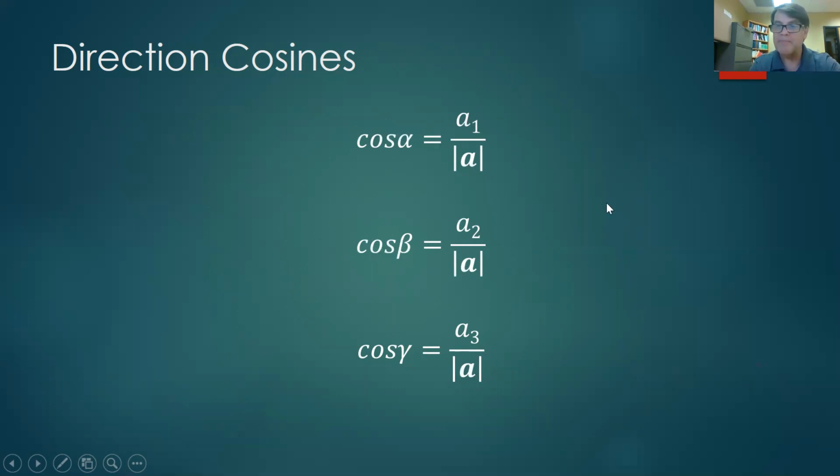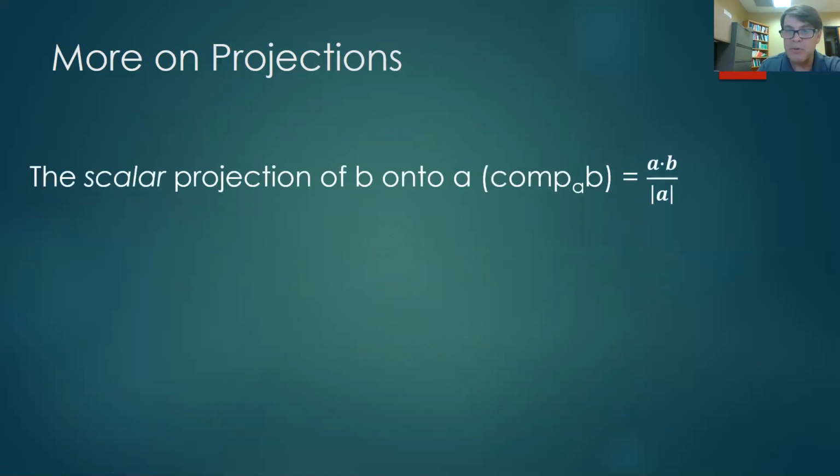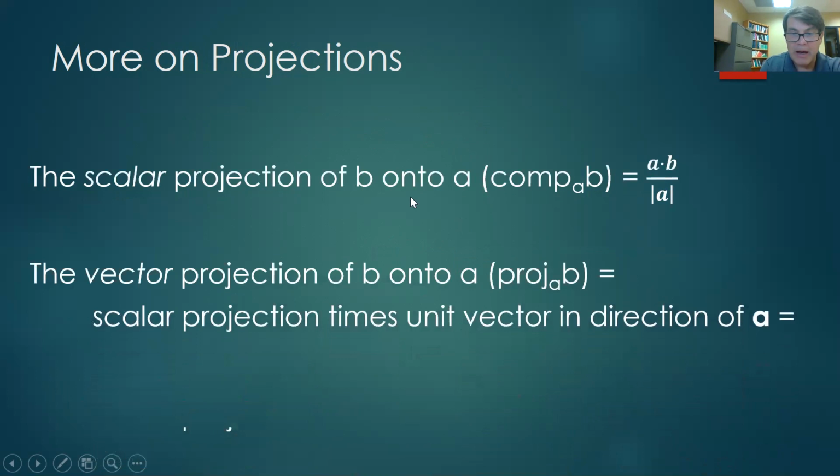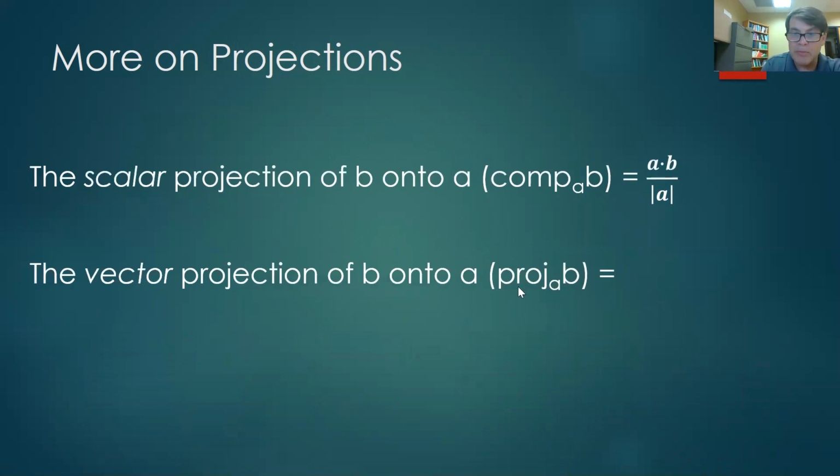Okay, more on projections. Remember I talked about how in my diagram, I talked about the vector projection of B onto A. The scalar projection is basically the same thing, but without the direction. And we're going to call this the component of B onto A. It's the same thing, it's just without the direction.